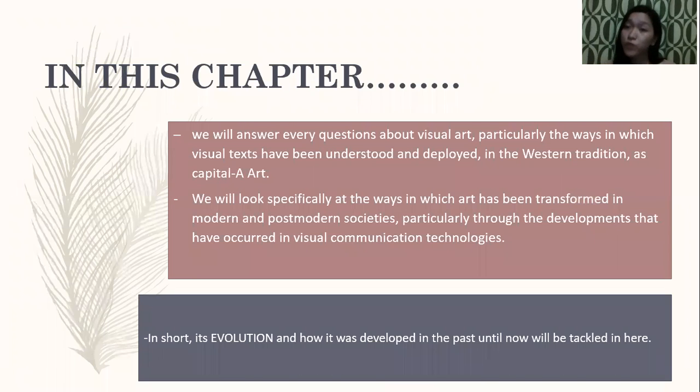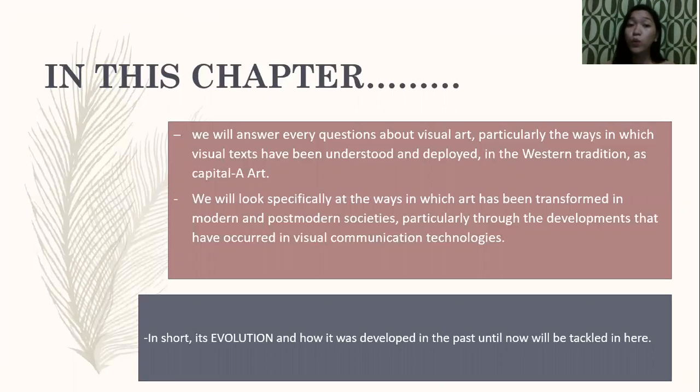In this chapter, we will answer every question about visual arts, particularly the ways in which visual texts have been understood and deployed in Western tradition as capital A art. So we will be tackling what is capital A art.